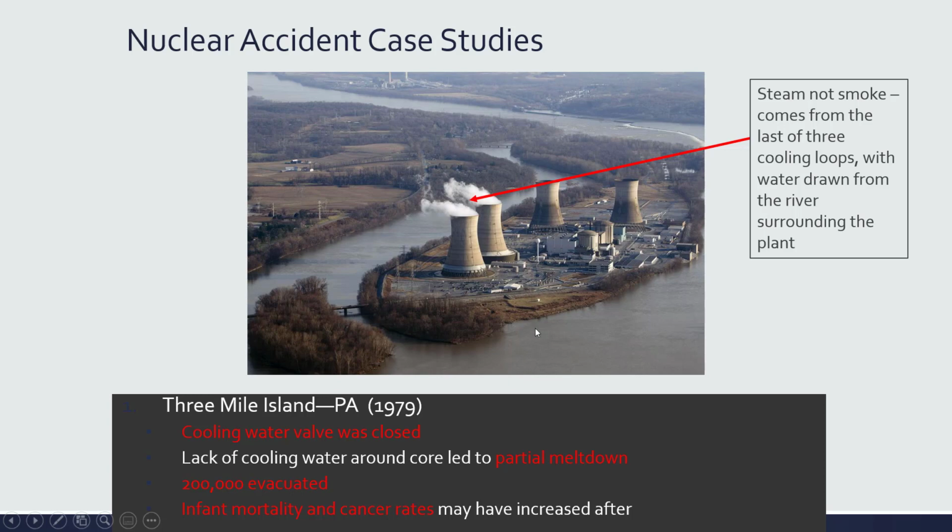So there was a cooling water valve mishap, and there was a release of radioactive steam. The issue is, though, that as soon as this happened, immediately everyone was evacuated from the area, and although it's very likely that infant mortality and cancer rates went up, a lot of that was mitigated because, number one, the problem was caught early, and then number two, people were told about it right away.